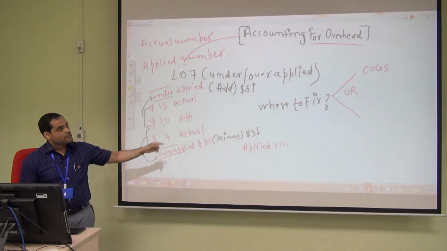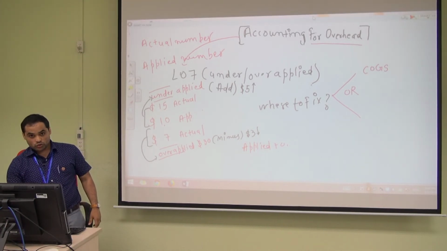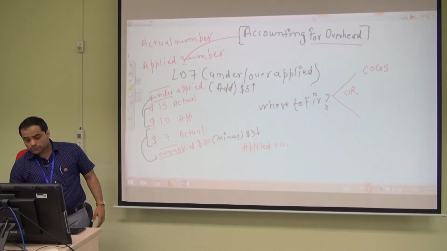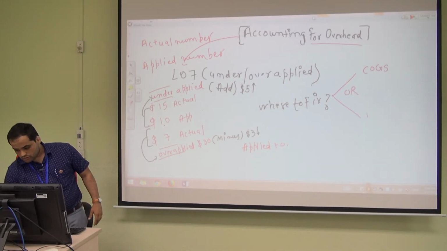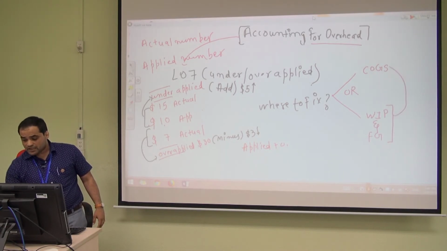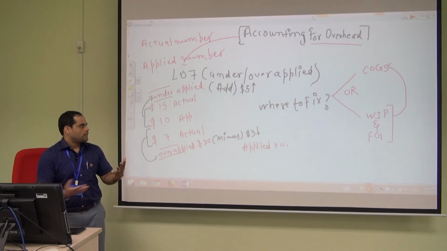So now you have to fix it. You can fix it either in cost of goods sold, increasing or decreasing depending on under or over applied. Or the second option is to fix your working process and finished goods. And of course, if you fix working process and finished goods, obviously your cost of goods sold will change.